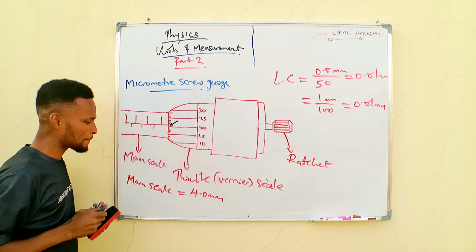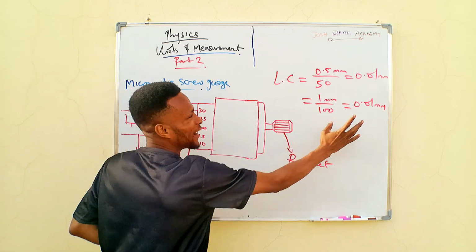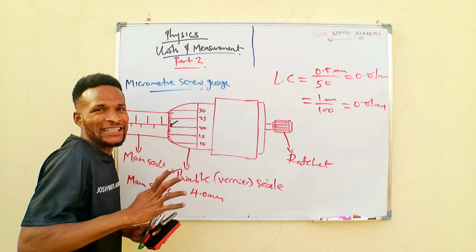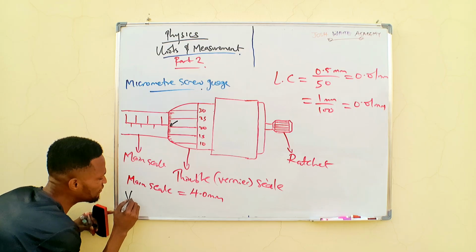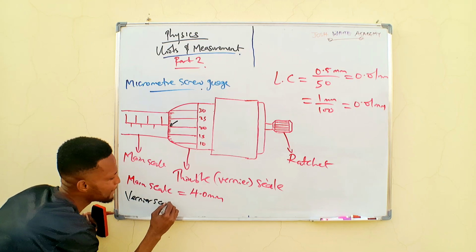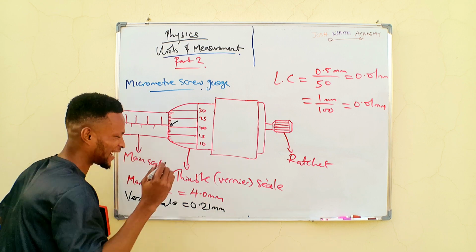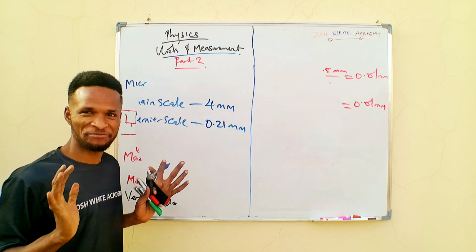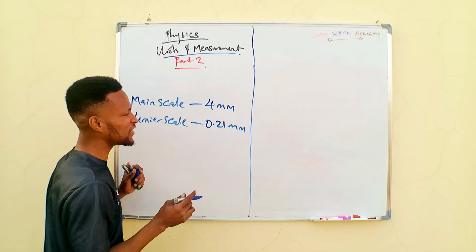It is 21. That means it's 21. Then we will multiply the 21 by 0.01 or simply divide it by 100. That will give us our Vernier scale reading of 0.21 millimeter.